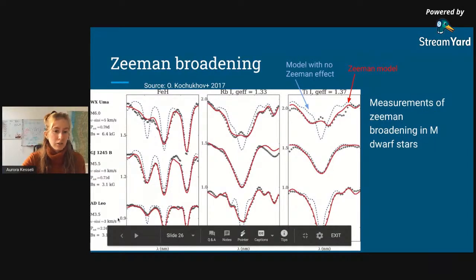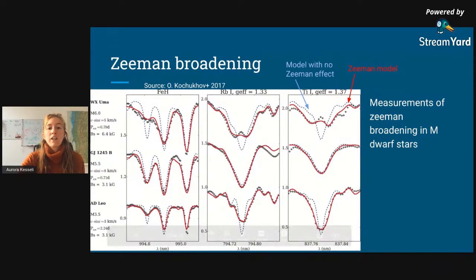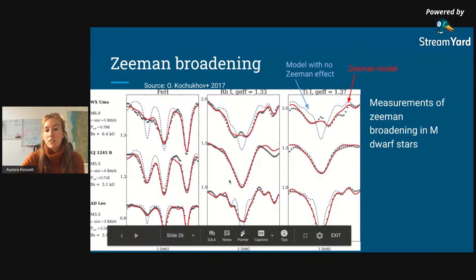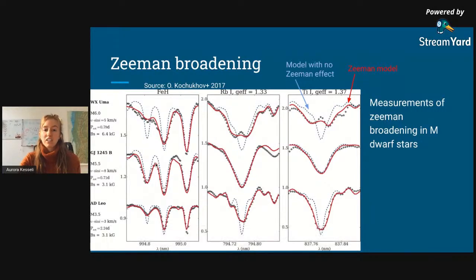And you can see these are 3 different stars, and they have 3 different magnetic field strengths. Again, here you can see, so this star obviously has the weakest magnetic field because it shows the smallest difference between the model with no Zeeman effect and the model with a Zeeman effect.